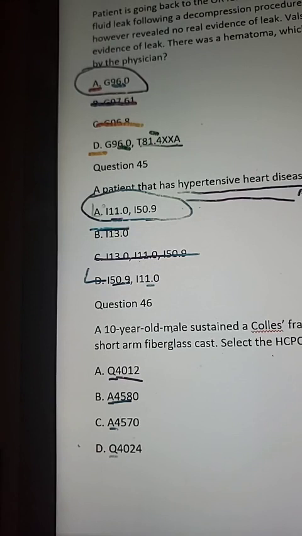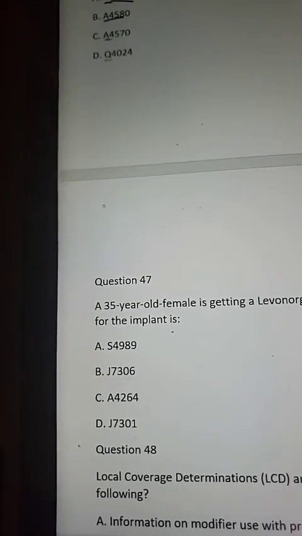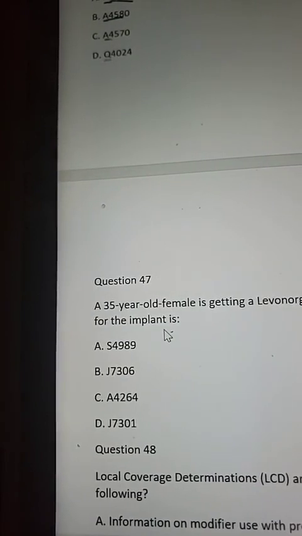That one was in there. This is probably the one with the S code. The one I was looking for.